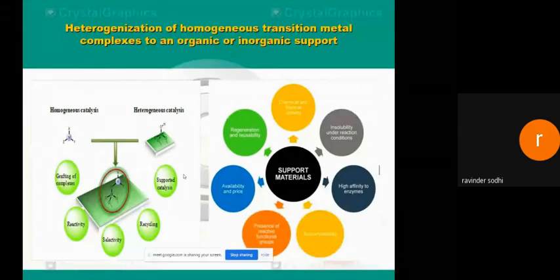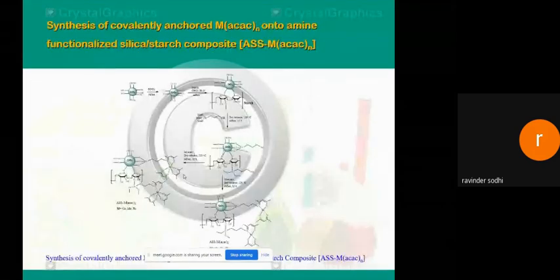Keeping this context, we have prepared a series of different metal acetylacetonate complexes, covalently anchored onto the surface of an amine functionalized silica starch composite via surface functionalization with 3-aminopropyl silica starch composite, followed by Schiff condensation of these amino groups with the acetylacetonate complexes. These metals can be cobalt, copper, palladium, ruthenium, manganese, and copper.